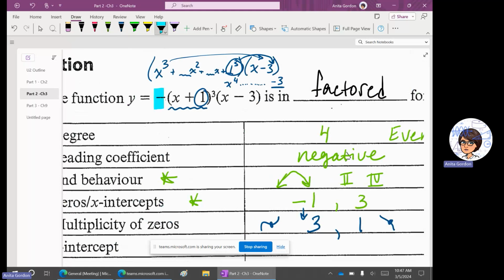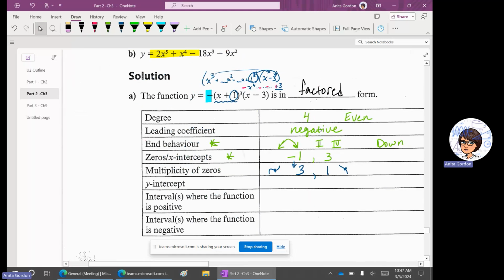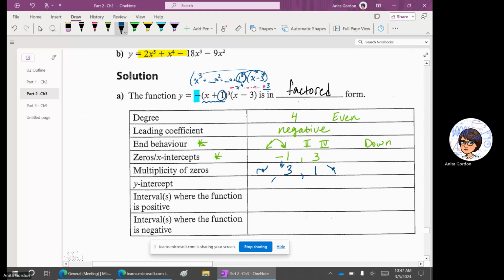But I also have a negative out front. That means I have to put a negative in front of everything here, so this becomes a positive. So my constant is going to be +3. (0, +3).